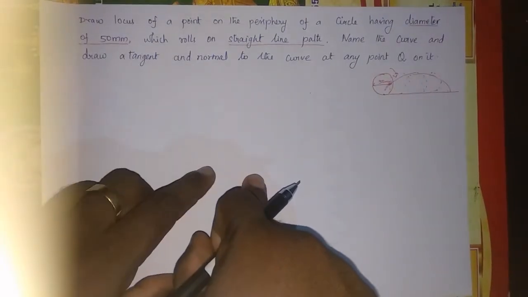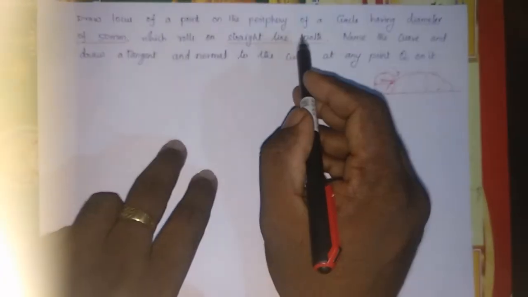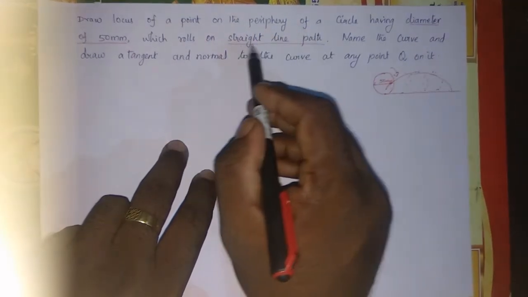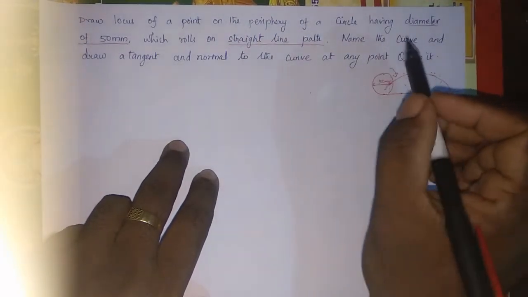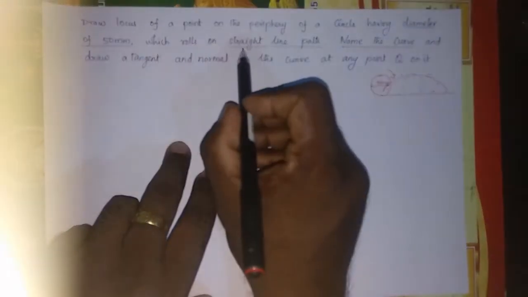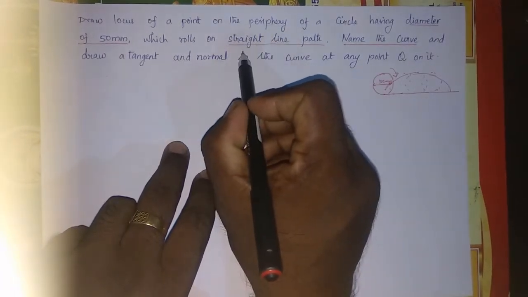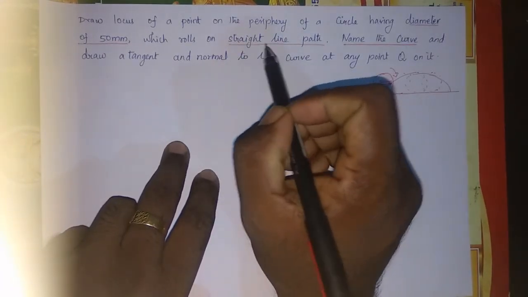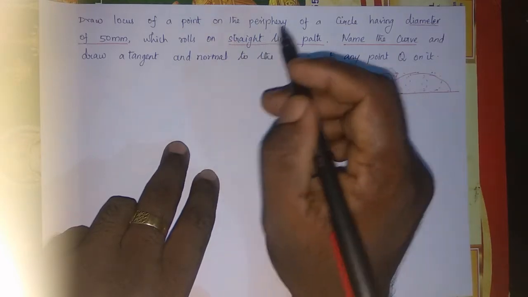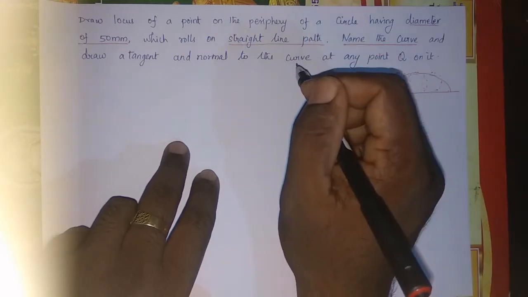So we already know that a point on a circle which rolls on a straight line makes a locus called a cycloid. If instead of a straight line we have a curved line, where the circle rolls over another circle or another curve, it comes under epicycloid.